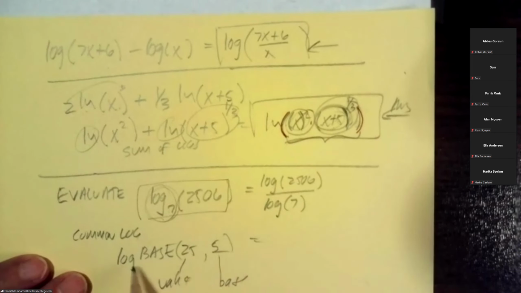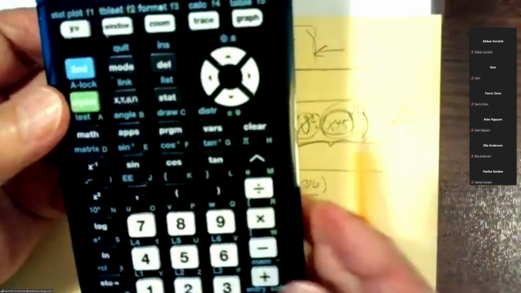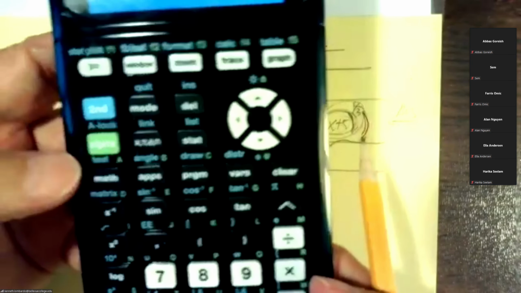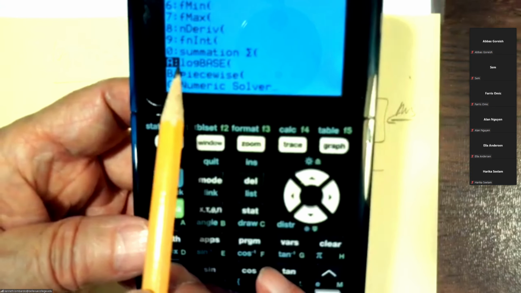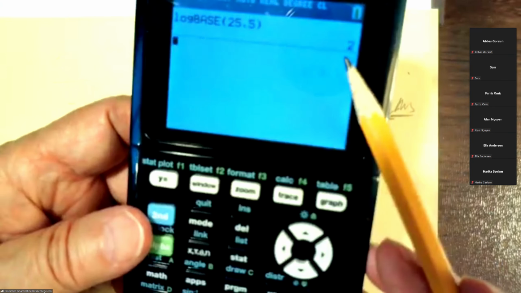We say, well, a log is an exponent. So 5 to what exponent? 5 to the 2 equals 25. If I want to find that in my calculator, I could simply go to the math function here, which is this button here, and scroll up until I find the log base function, and then I can enter that. If I put in 25 and 5, then I should get a 2, as we've shown here.